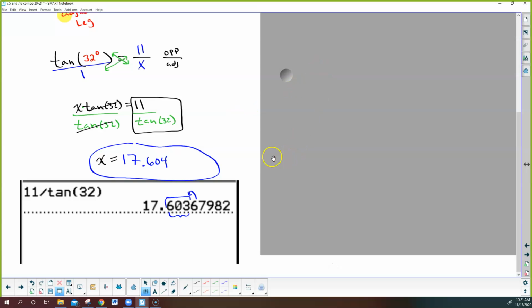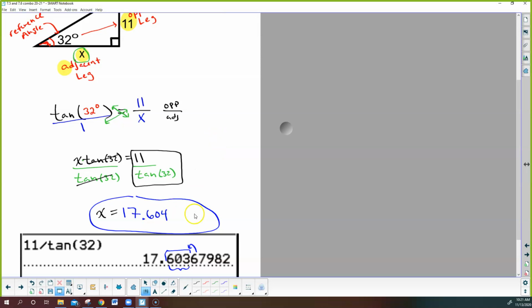All right, let's try another problem, because it's always my experience that students need a couple of problems to feel comfortable with this. Keep in mind, we just found that x is 17.604. I will point this out really quickly.